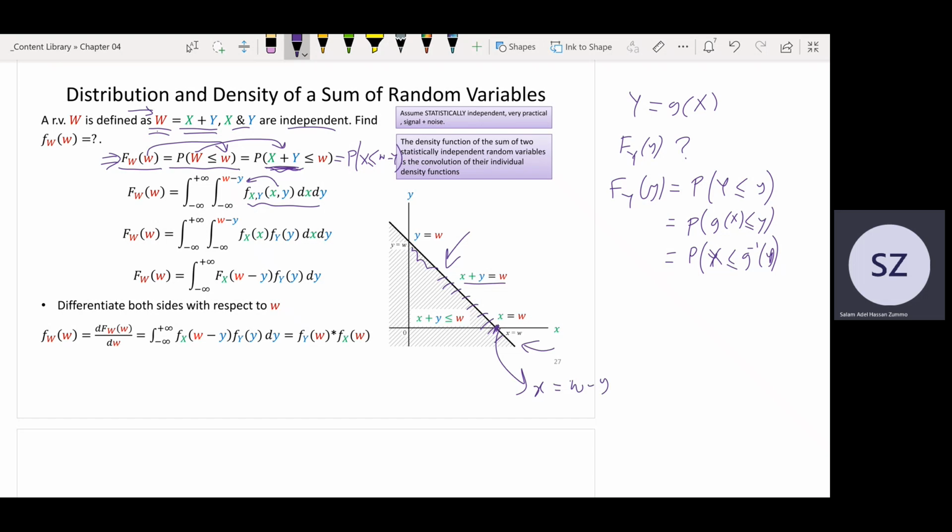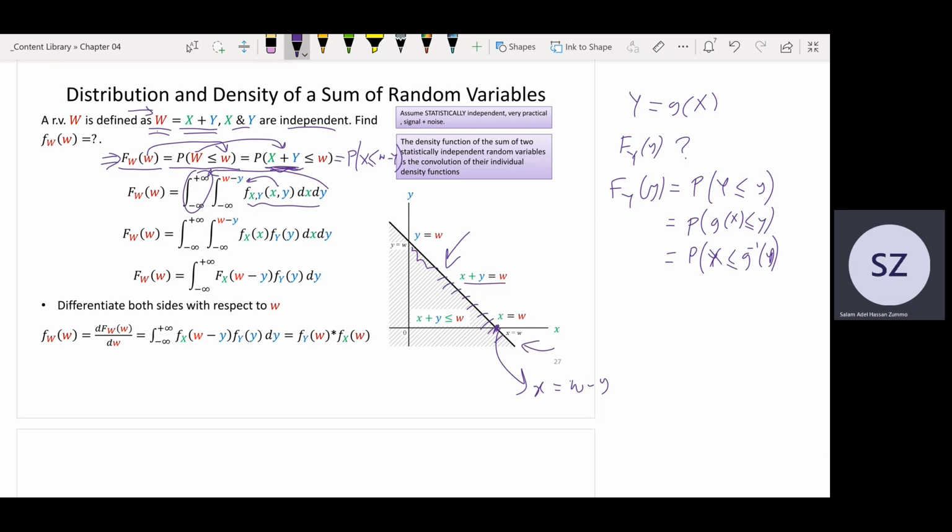This is the line. So you integrate x from minus infinity to w minus y, and then you integrate y from minus infinity. So x will be sliding from minus infinity up to w minus y, while y will go from minus infinity. This is the way we find the region of integration.